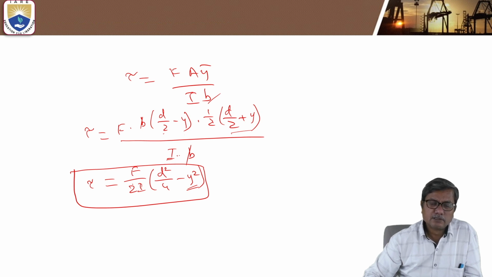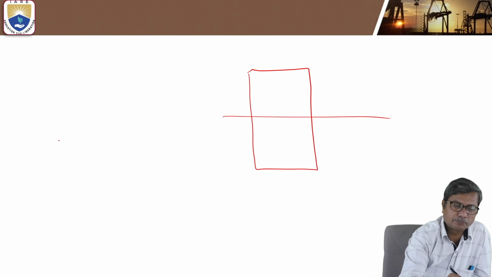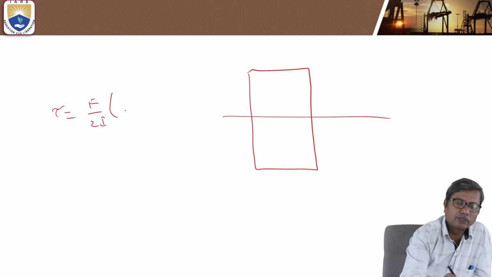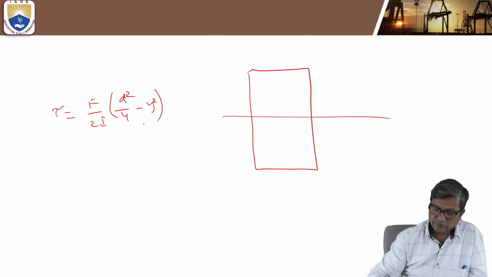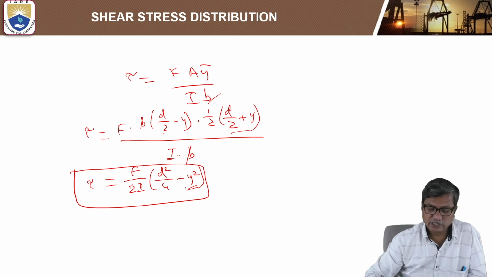For example, giving a value of 0, tau is equal to F by 2I into d square by 4 minus y square.